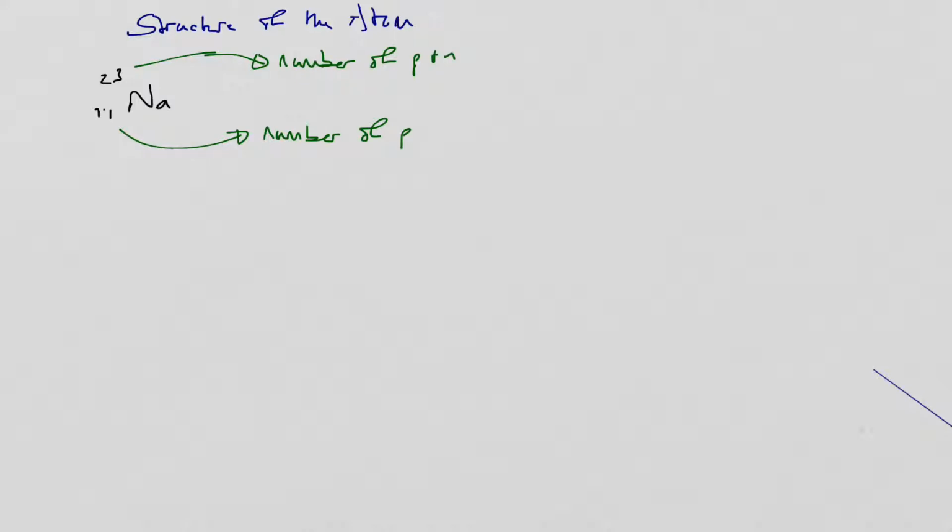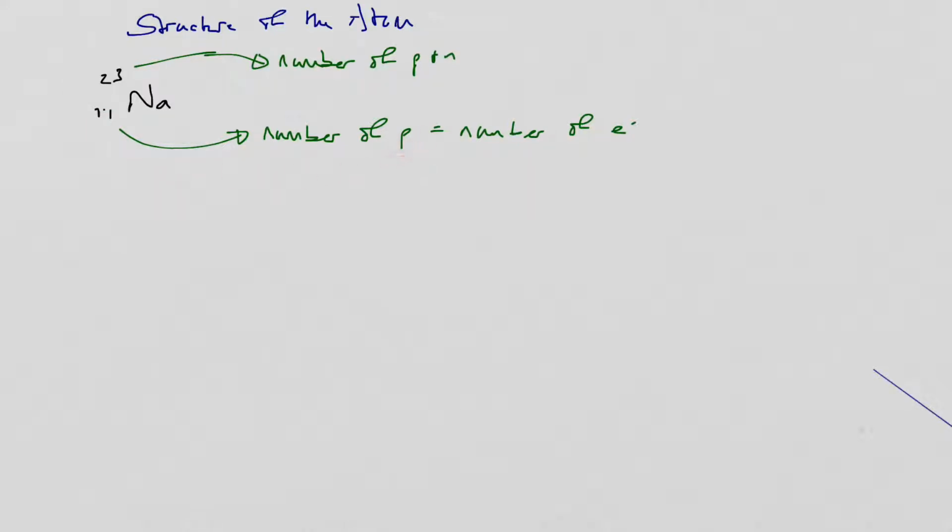Next thing to say is, in an atom, if it's a neutral atom, the number of P always equals the number of electrons. So what we can say about sodium is, over here we know it's got 11 protons.